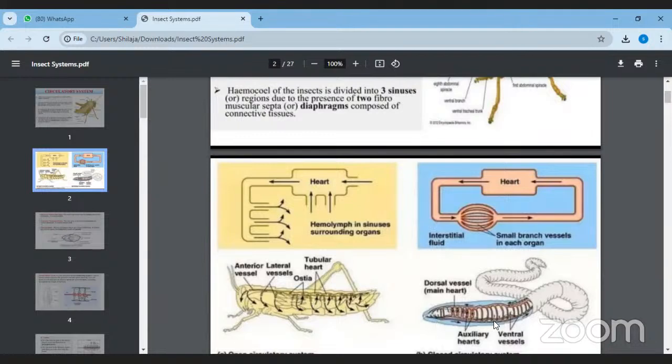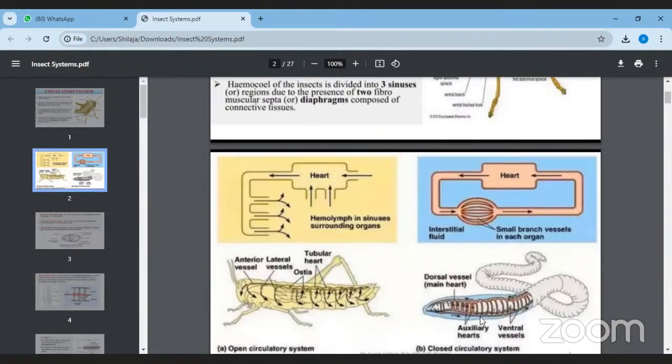Coming to the closed type, we can see in the earthworm the dorsal vessel and the ventral vessel, and these ventral vessels are carrying from the dorsal vessel of the heart, showing how the hemolymph is carried in a closed type of circulatory system.